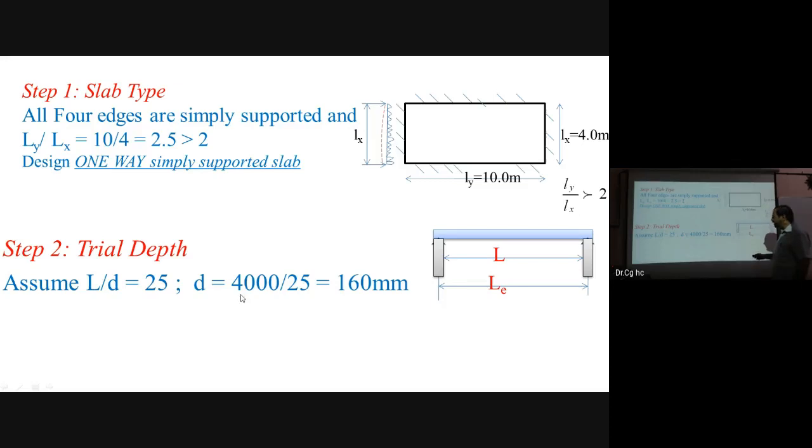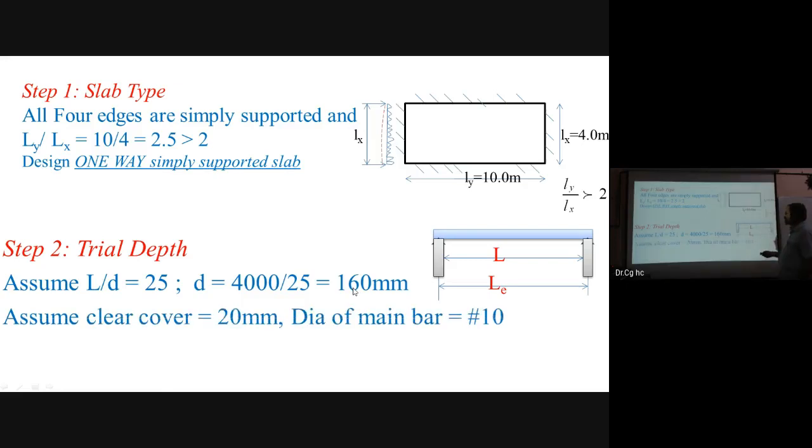Therefore D is equal to 4000 millimeter divided by 25, that is 160 millimeter. Now the effective depth of the slab is 160 millimeter. ಇದು ನಾವು ಅಸ್ಯೂಮ್ ಮಾಡ್ಕೊಂಡಿದ್ದೀವಿ. ಮತ್ತೆ let us see what is going to happen.